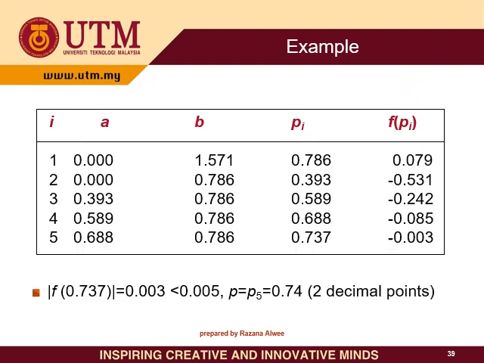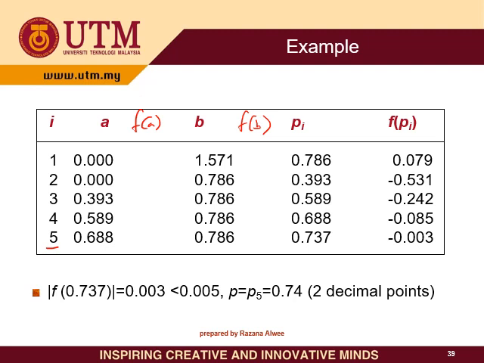This is the example of a table. If you do until the fifth iteration, like this question, I think it's better if you write, when you do the table, another FA and FB here, to make it proper.